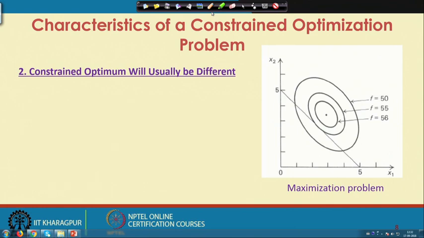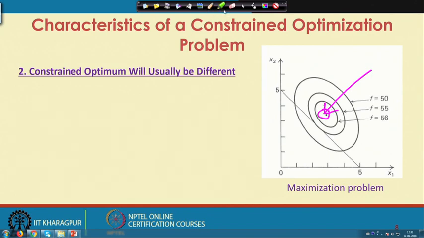So, this point is the maximum point. You can see from the contours that as we approach this point, the function value increases from 50 to 55 to 56, so on and so forth.